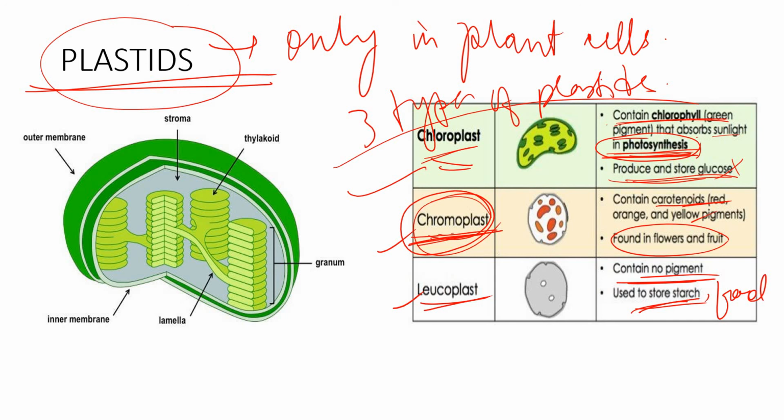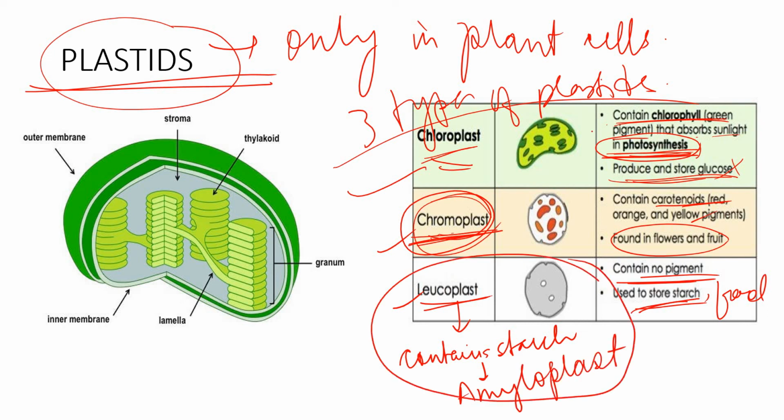Leucoplasts containing starch are called amyloplasts. So mostly leucoplasts are there for the storage of food, and chloroplast and chromoplast are there to give colors to the leaves, fruits and flowers. Understood? So this is all about your plastids.